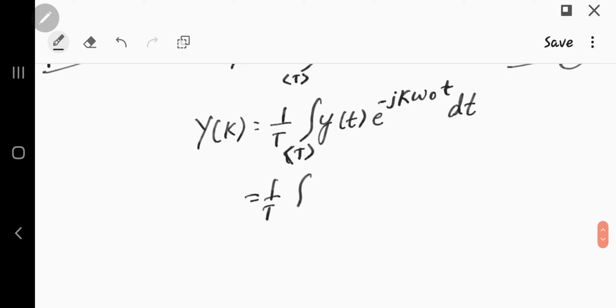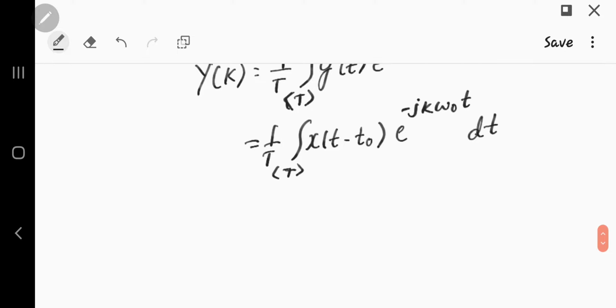So let's substitute that. X of t minus t naught e power minus j k omega naught t dt. Okay. Now in this, since this is t minus t naught, I will replace this with some other variable. So put t minus t naught is equal to m.